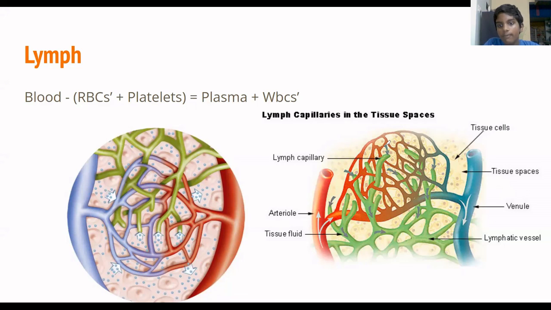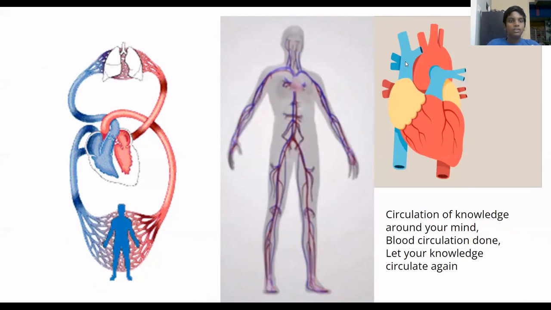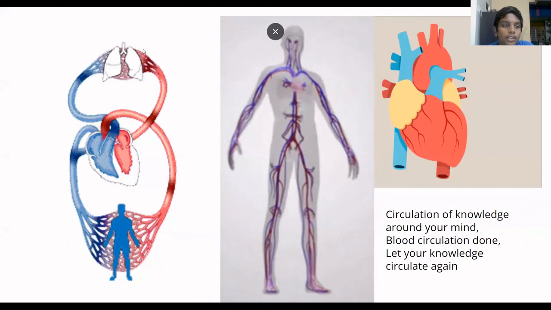So this is the lymph capillary, where the artery and the lymphatic vessel meet. So this is how the blood passes throughout the body.